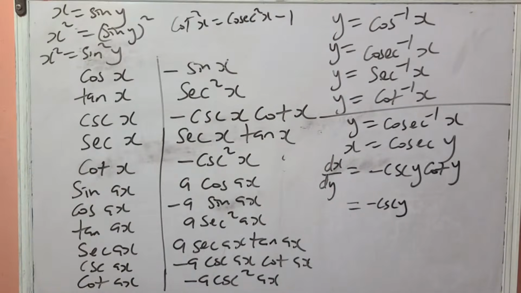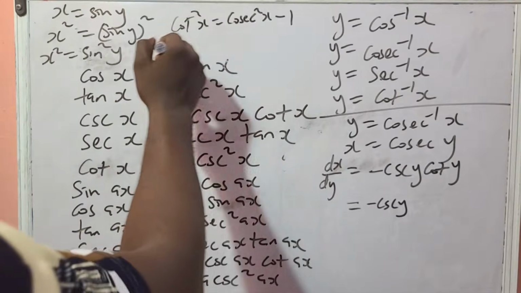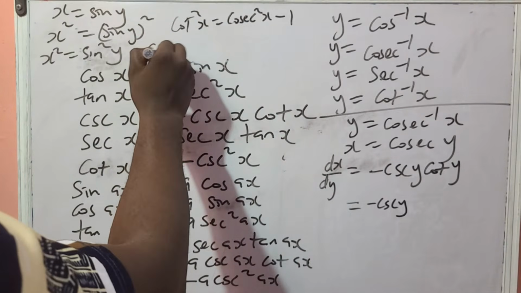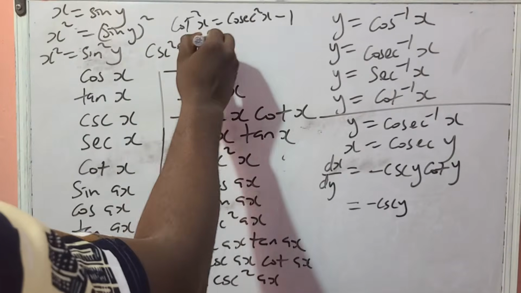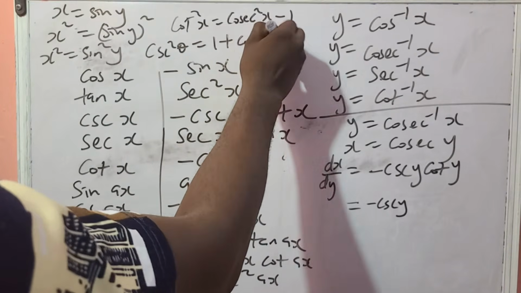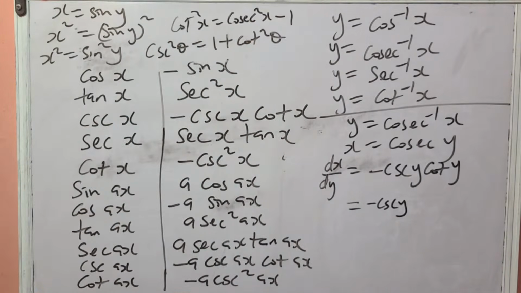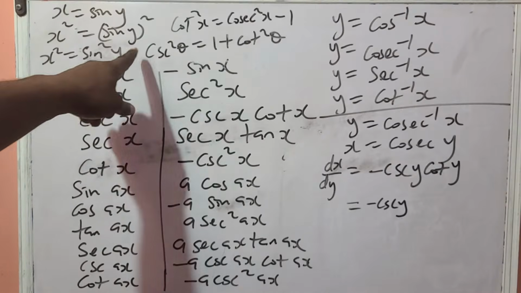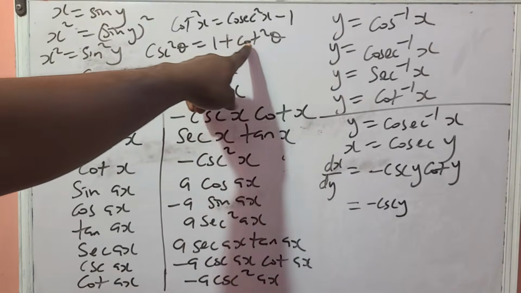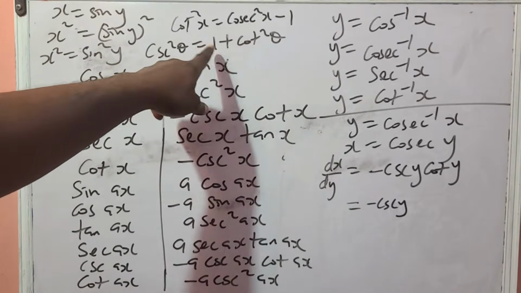When we were doing the identity, we remembered that cosec square theta is equal to 1 plus cot square theta. This is one of the identities under trigonometry. So from here, obviously, cot square theta will be cosec square theta minus 1.